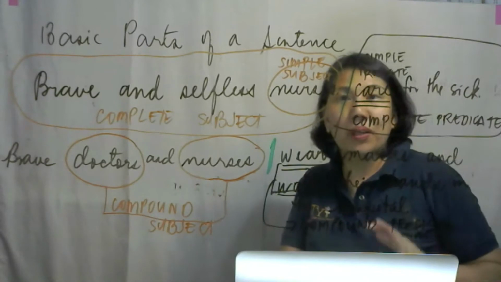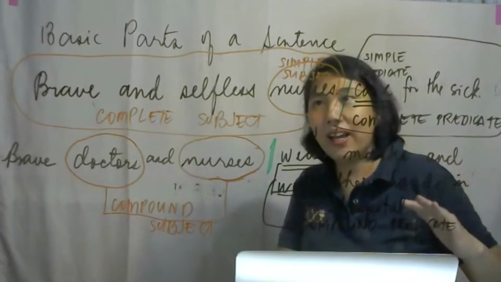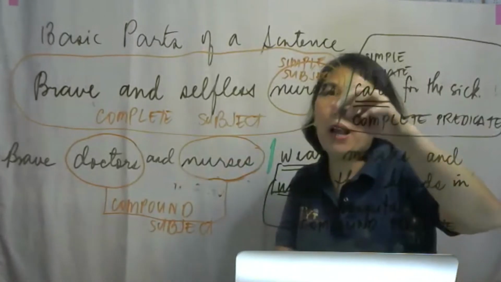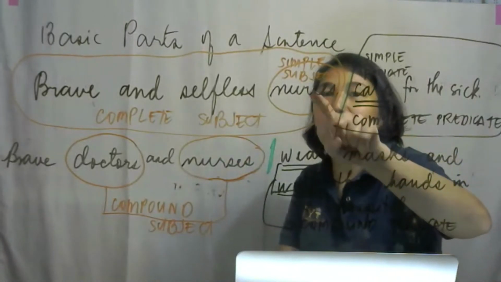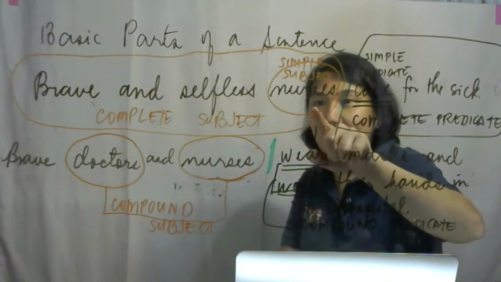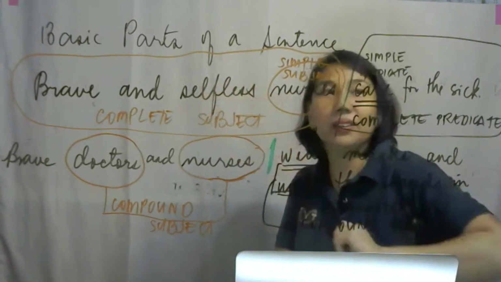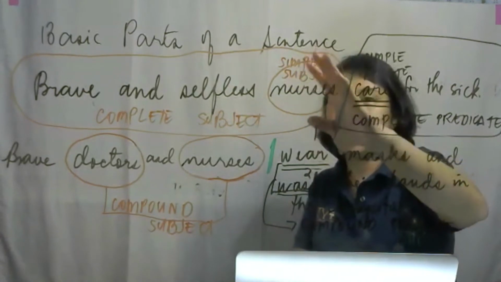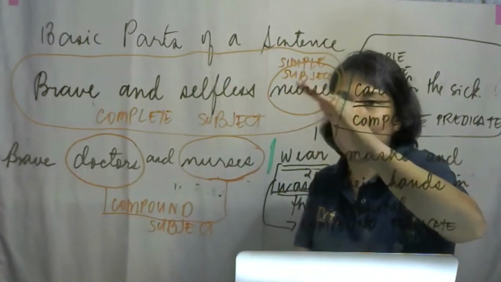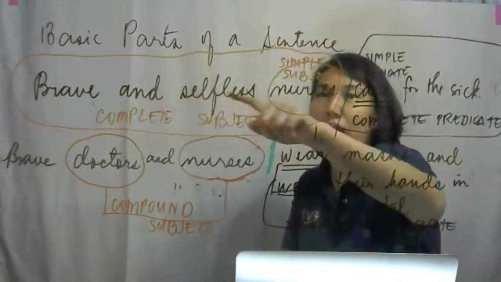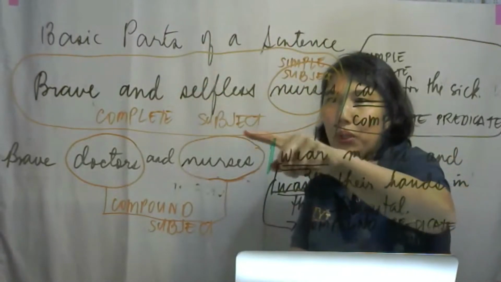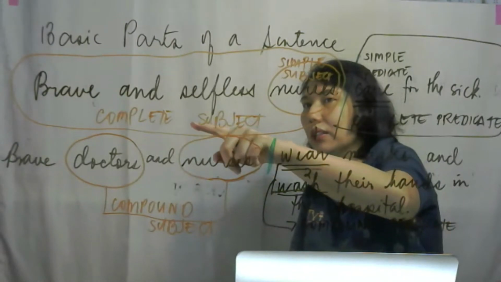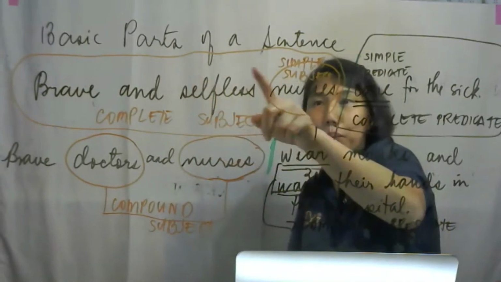Now we have three kinds of subject and three kinds of predicate. We have the simple subject, which is also inside the complete subject. So we have one subject here. The noun or the pronoun is your simple subject, while the noun together with adjectives or modifiers is what we call the complete subject.